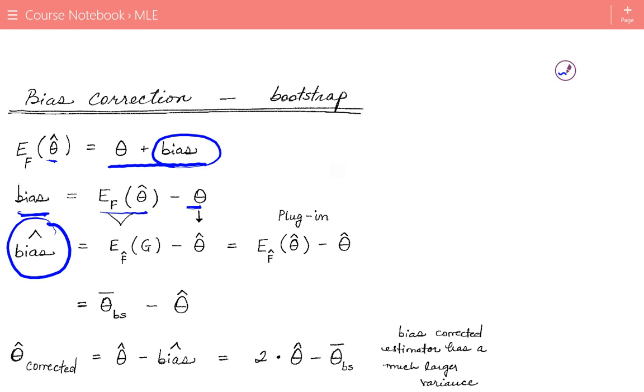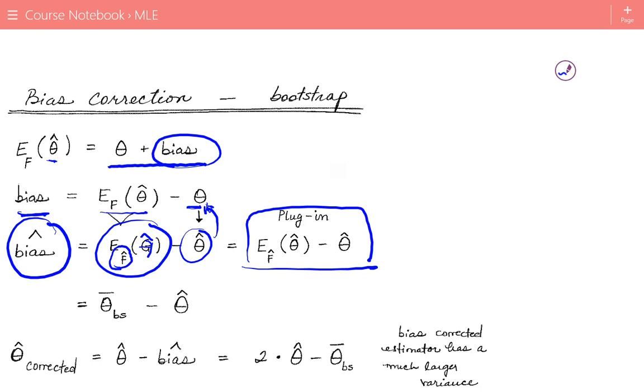So we can estimate this, strangely enough, by using our estimate as the actual value, and then using the empirical CDF to come up with the expected value of the theta hats. Plug those in and we will get an estimate of our bias.